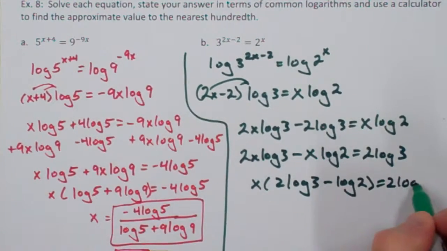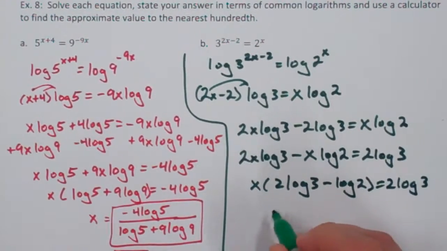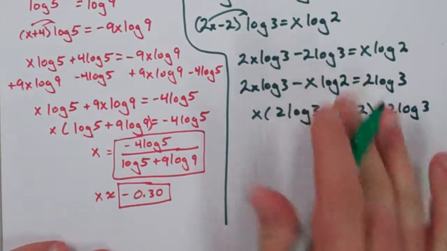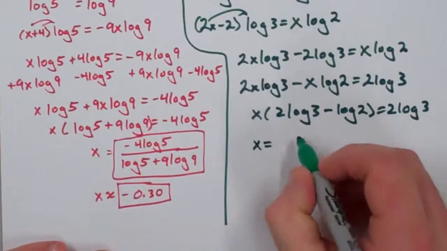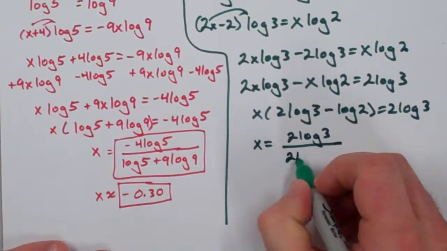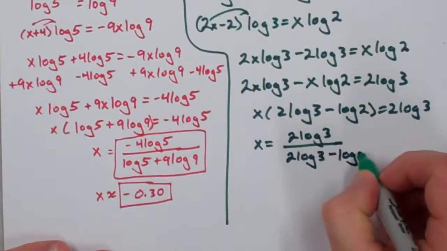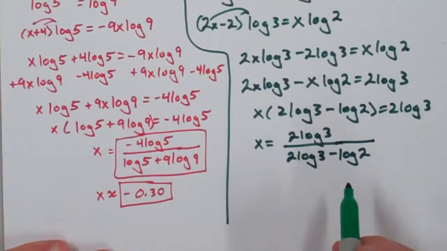That's equal to 2 log 3. Then we'll divide by 2 log 3 minus log 2 on each side, and we'll get x to be 2 log 3 over 2 log 3 minus log 2.